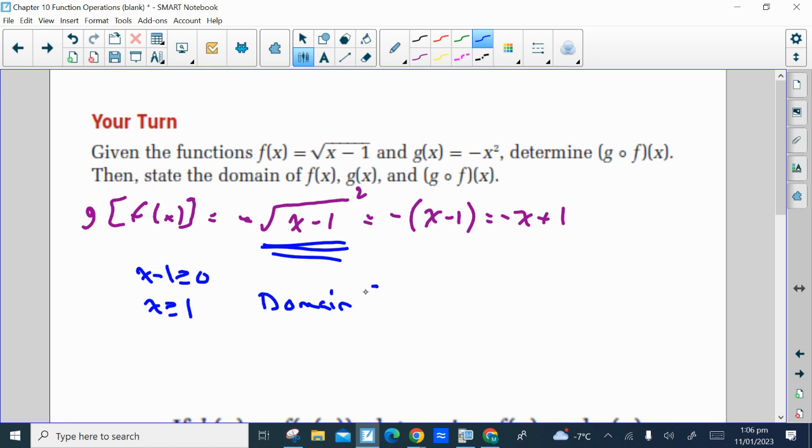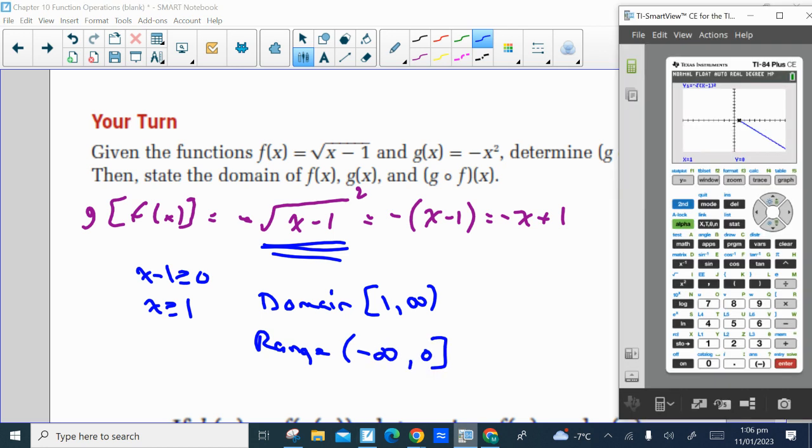Our domain would be from 1 to positive infinity, but our range would be from negative infinity up to 0. Again, the graphing calculator shows us that when you look at that graph. It goes downwards and to the right. Downwards to negative infinity, up as high as 0.